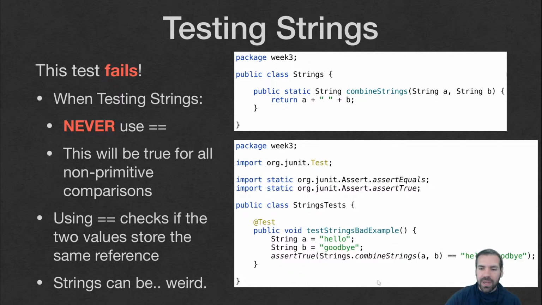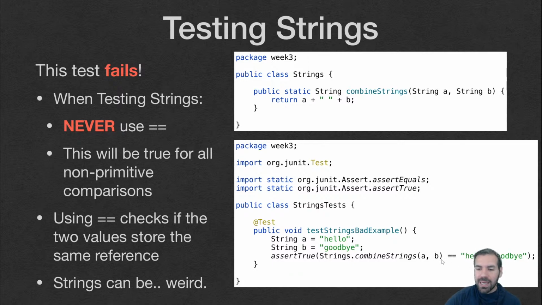So even though we can see this is going to resolve to, we think of it as resolving to the value hello space goodbye, it does not. This string literal is not literally a string. It's not the string hello space goodbye. It is a reference to a string on the heap.